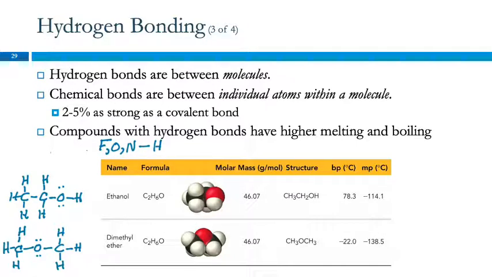I thought it was just between molecules. It is between molecules. Right. So to illustrate the hydrogen bonding, I have to draw another molecule. Oh, okay. I got you. So if there was another molecule, we would have that hydrogen bonding possible. Yeah, that's a hydrogen. Okay. Yeah, so the hydrogen bonding is the attraction here.